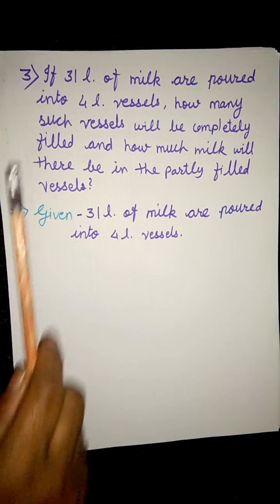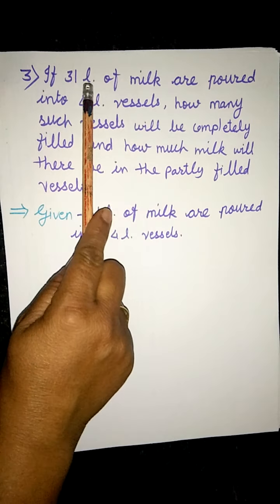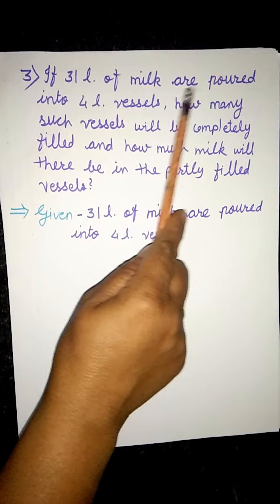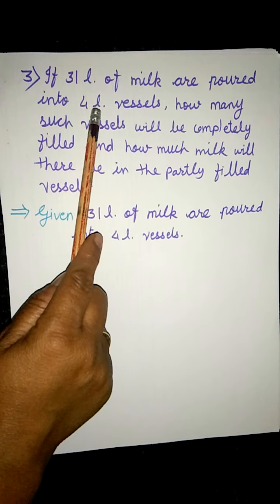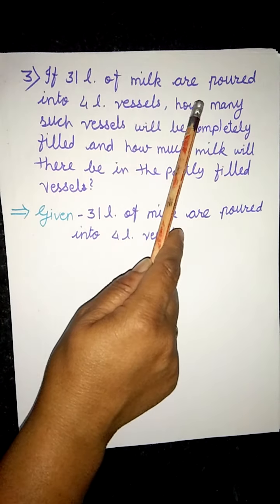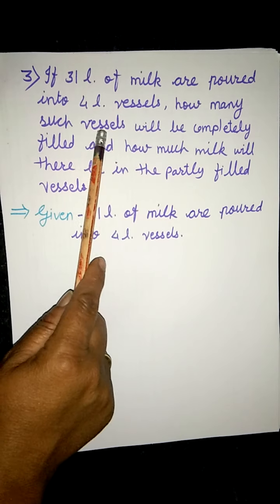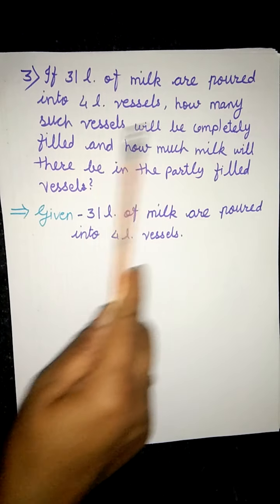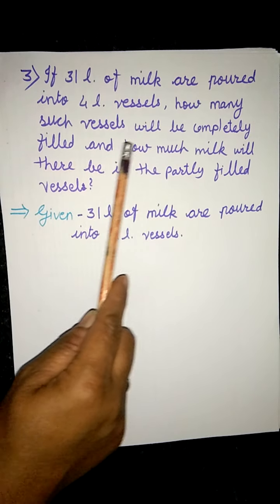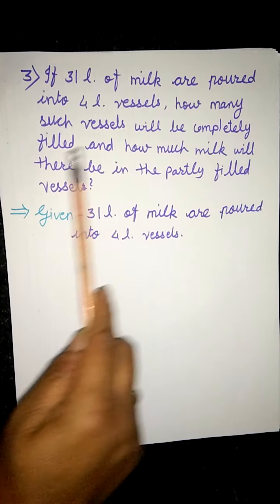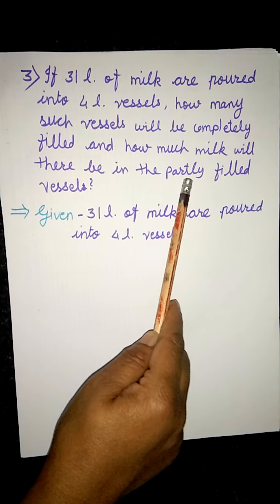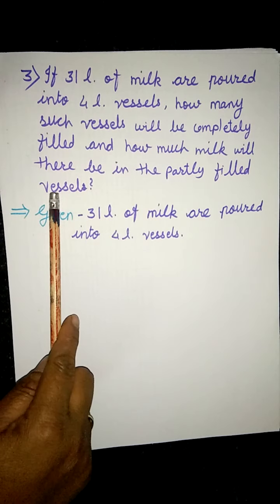Now see the next. If 31 liter of milk are poured into 4-liter vessels, how many such vessels will be completely filled and how much milk will there be in the partly filled vessel?